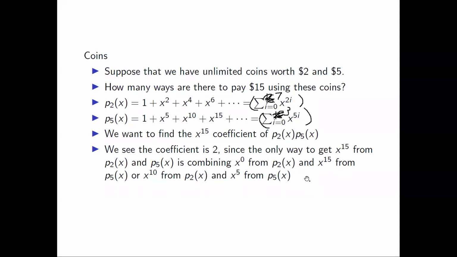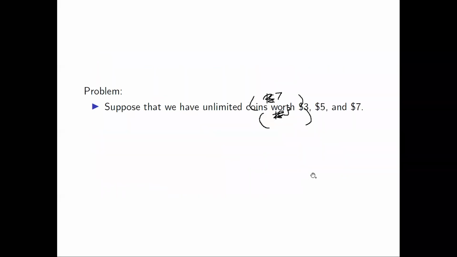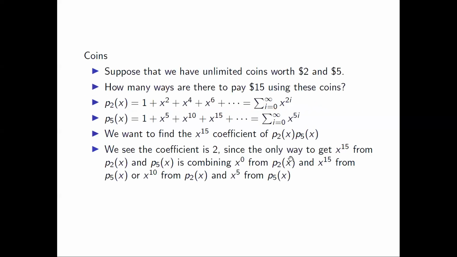So we got a coefficient of 2 for the x to the 15th coefficient of the product of these polynomials. And that tells us, since the coefficient is 2, the number of ways to pay $15 using these coins is just 2.